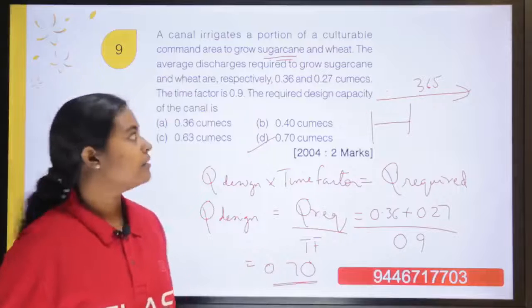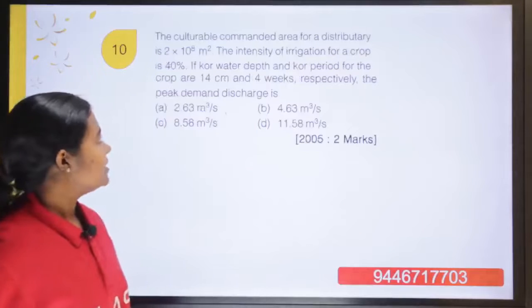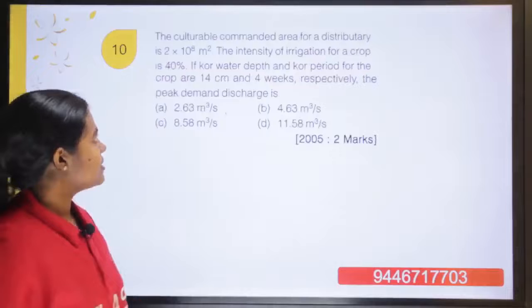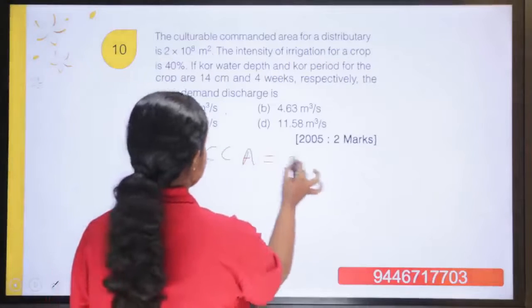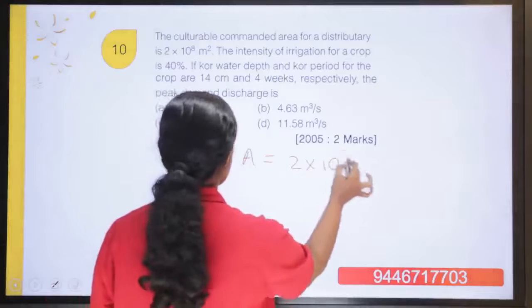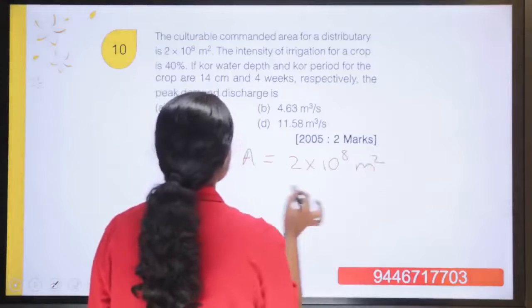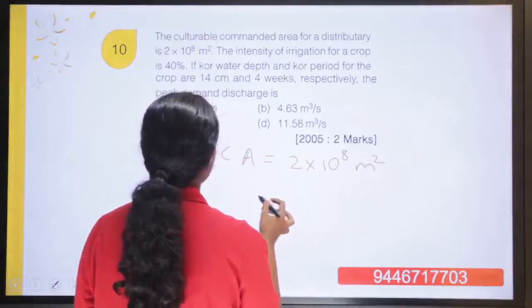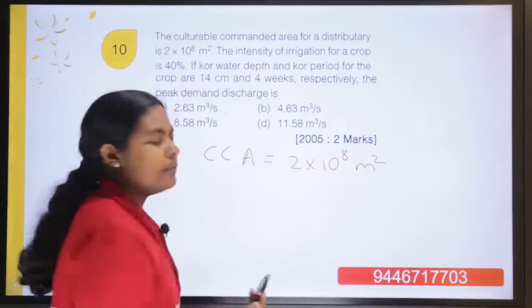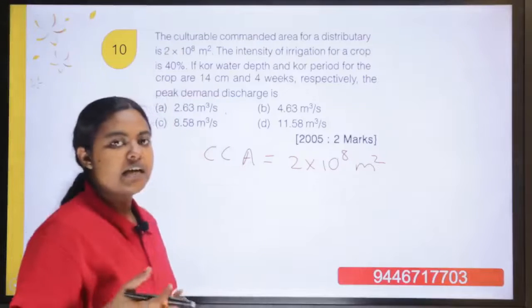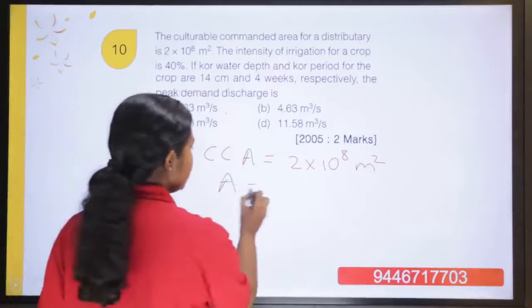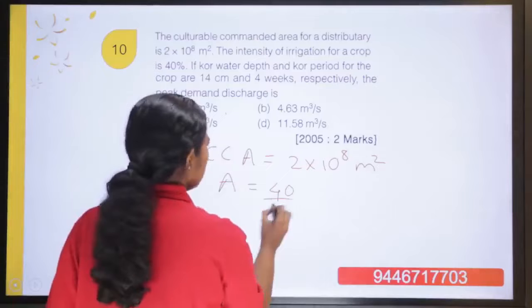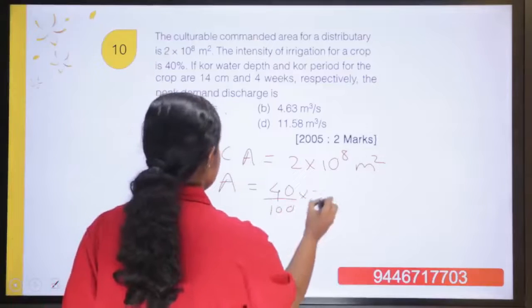Next question. The culturable commanded area for a distributary is given as 2 into 10 power 8 meters square, and the intensity of irrigation for a crop, that is, the area on which a particular crop is cultivated, is 40% of this value.